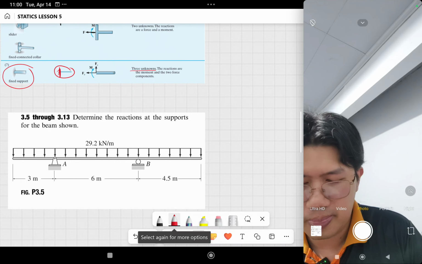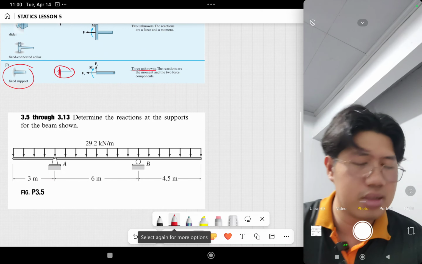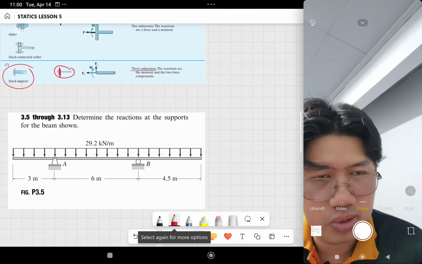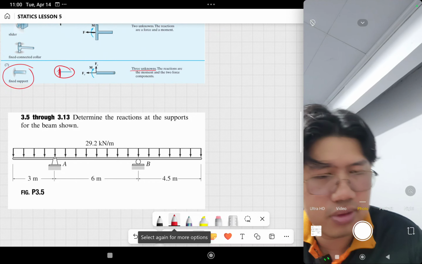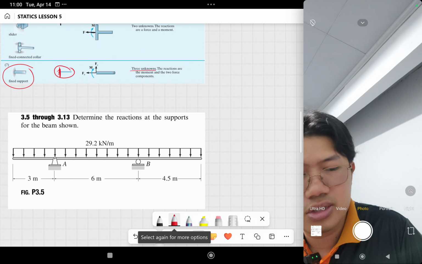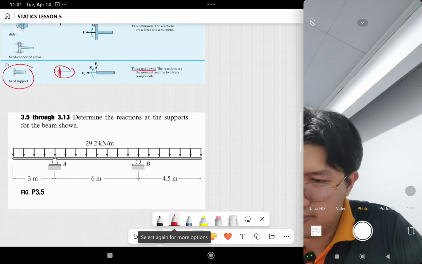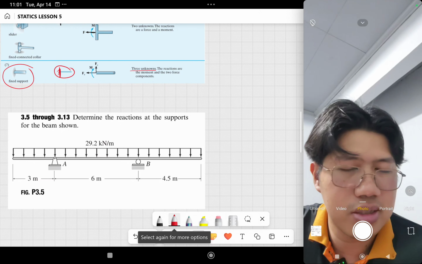Okay, so let's go through examples on how to determine the reactions at the supports. Wala na tayong masyadong panibagong concept na aaralin dito, since na-establish na natin yung mga kailangan natin, which is yung mga summation.